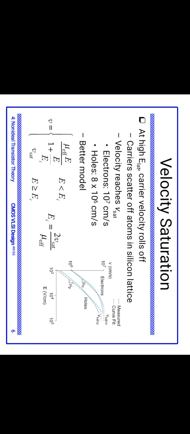Drift velocity rolls off due to carrier scattering and saturates at Vsat. Esat is determined by the expression Vsat is equal to mu into Esat. For electrons, Vsat is equal to 6 to 10 into 10 power 6 centimeter per second. For holes, Vsat is equal to 4 to 8 into 10 power 6 centimeter per second.